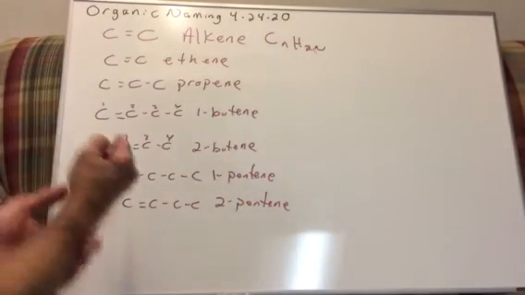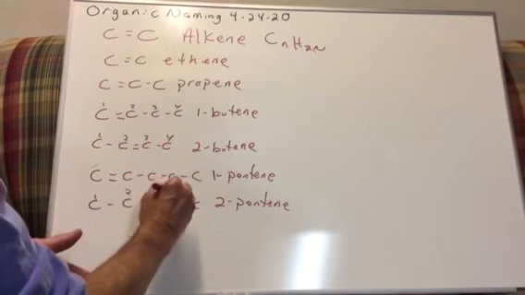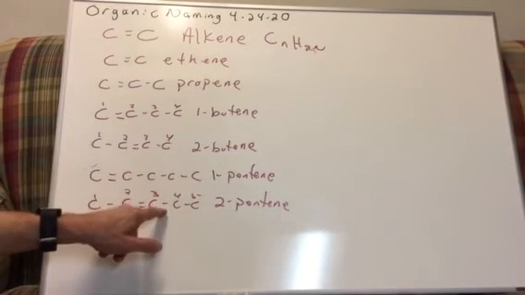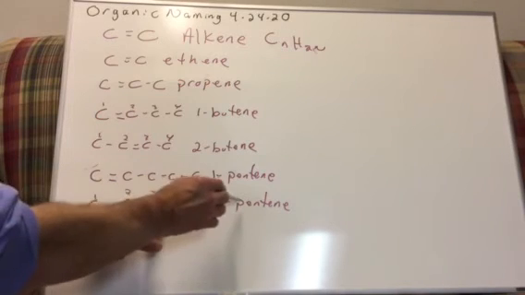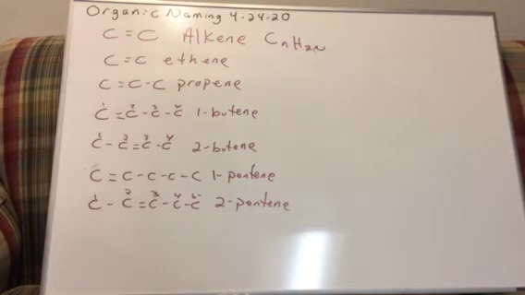Now, if I happen to put, again, 1, 2, 3, 4, 5. If I'd happen to put the double bond here, then it would give them a number from right to left. So this would still be 2 pentene. If you put the double bond here, that'd still be 1 pentene. All right, so let me swing over to the other side.